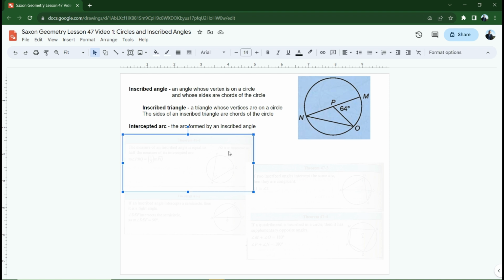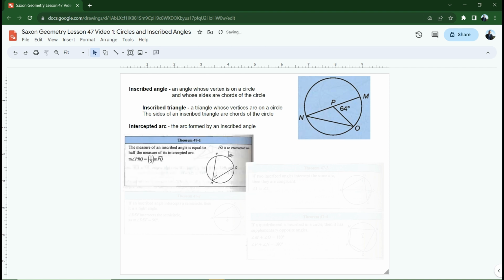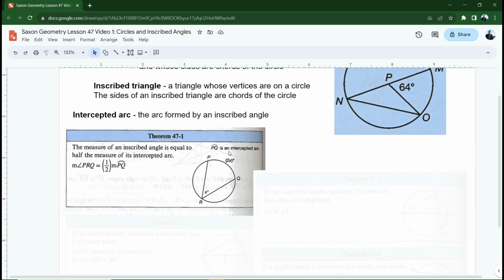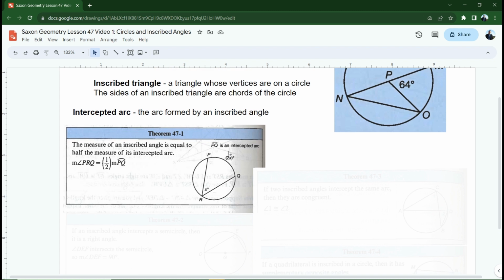Now that we have these terms down, let's talk about a few theorems related to these inscribed angles. The first theorem, theorem 47.1, states that the measure of an inscribed angle is equal to half the measure of its intercepted arc. So if I were to measure this angle as angle X, the intercepted arc here would be 2 times the value of this angle.